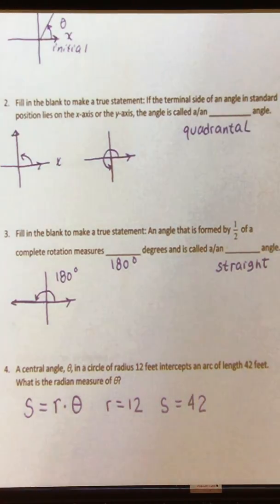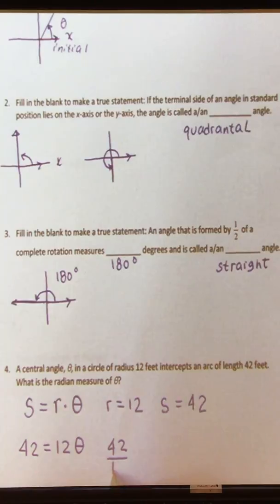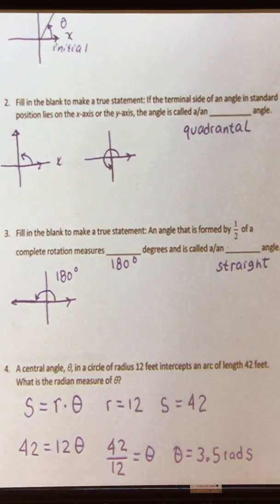So we substitute these values in. 42 is equal to 12 times theta, or 42 divided by 12 is equal to theta. Doing the division, theta is 3.5, and this formula works in radians. So our central angle measures 3.5 radians.